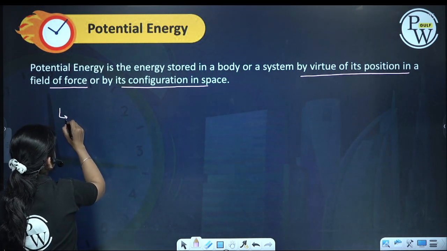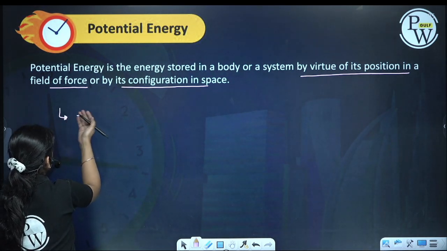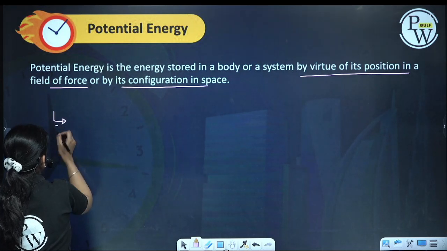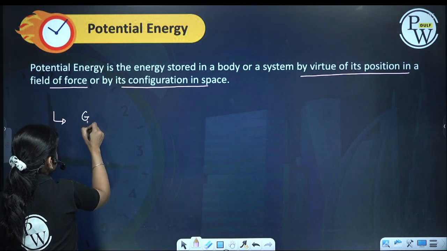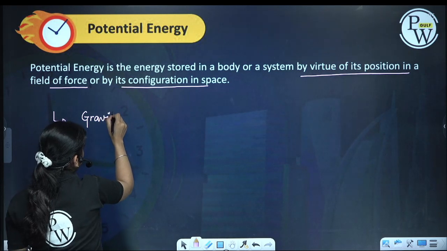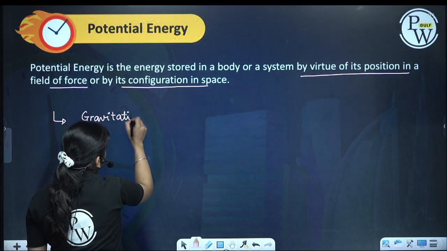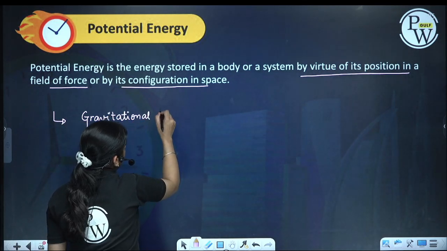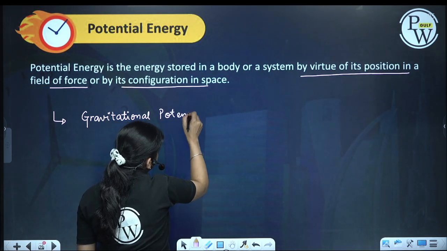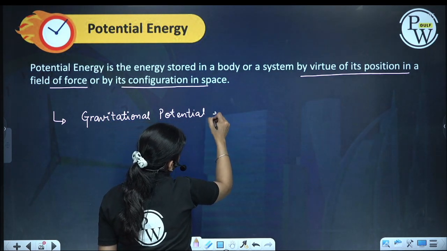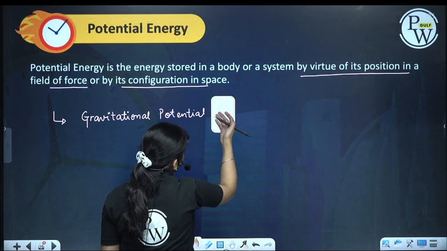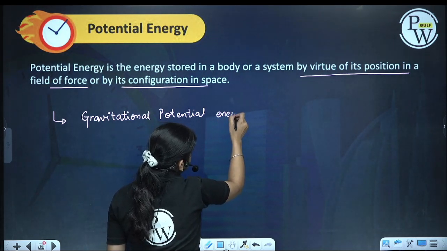Examples of potential energy can be gravitational potential energy, which comes due to position in the force field of Earth's gravitational force.